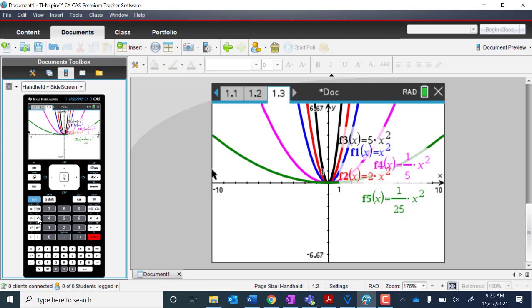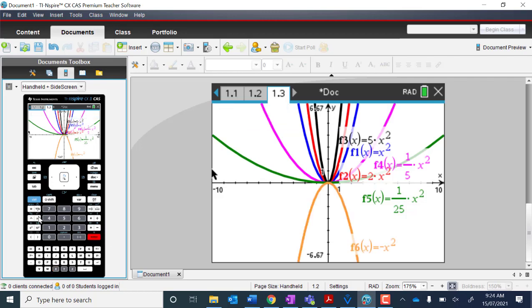All of these have the same shape, what we call parabolic, but as you can see, all of these things are going to affect it. Now, by the way, the blue one was x squared. What do you think would happen if I do a minus? When you do a negative, you can't use this negative here. I don't think it'll work.